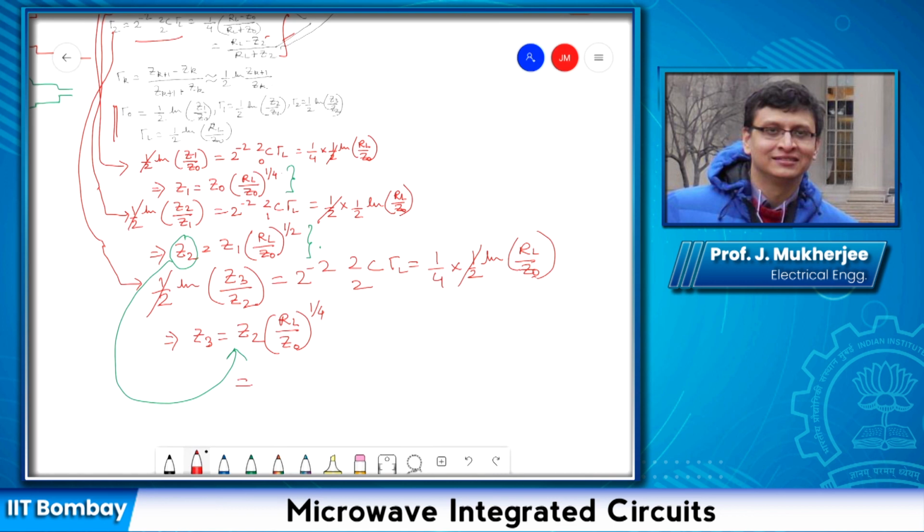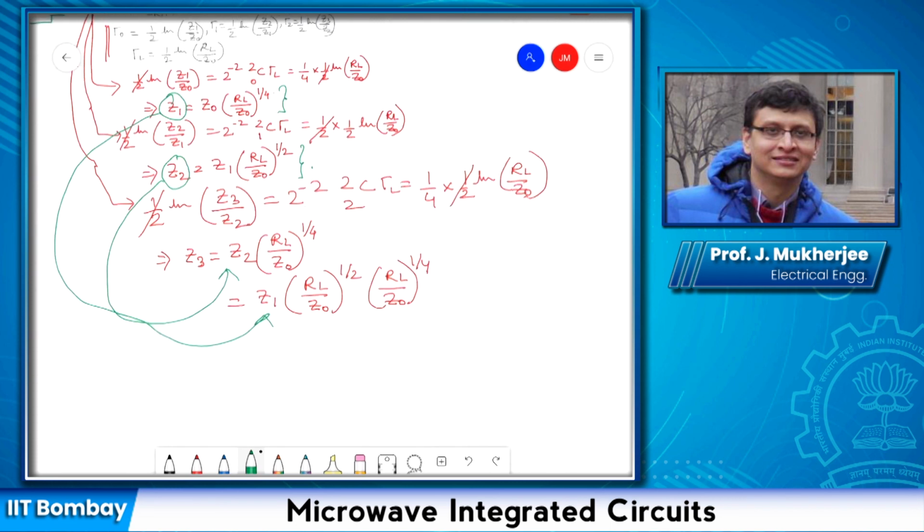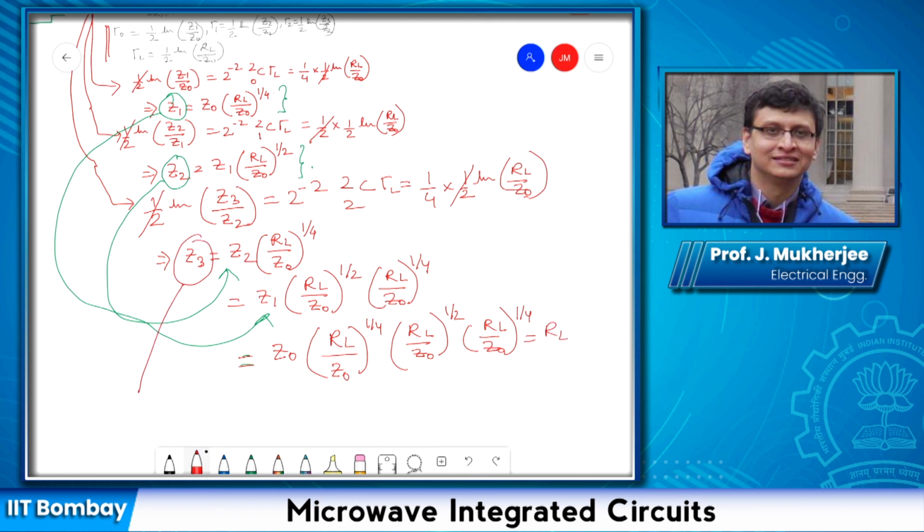So I substitute this value of Z2 here, and then once again I substitute the value of Z1 I obtained from this equation, which is equal to RL, and which is equal to Z3, because recall there is no section where the characteristic impedance is Z3.